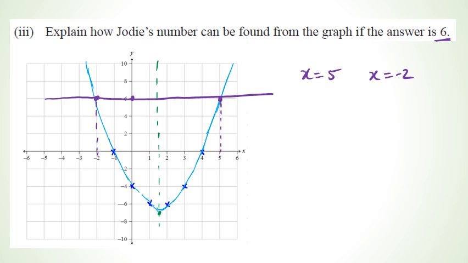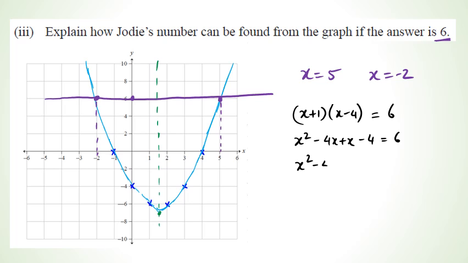But the other way you could have done it, because you had the equation, which is (x plus 1) and (x minus 4). This was the equation of the parabola. This equals 6. So you could have expanded it, and you could have got x squared minus 4x plus x minus 4 equals 6. Factorize, simplify it. So x squared minus 3x minus 10 equals 0.